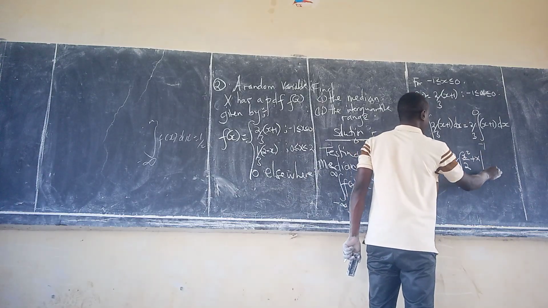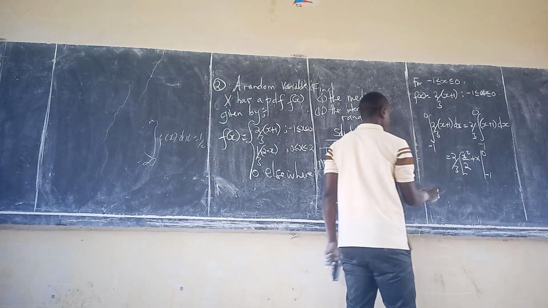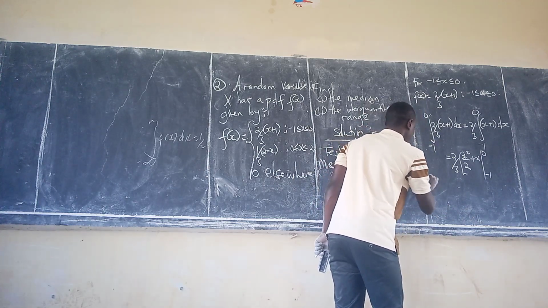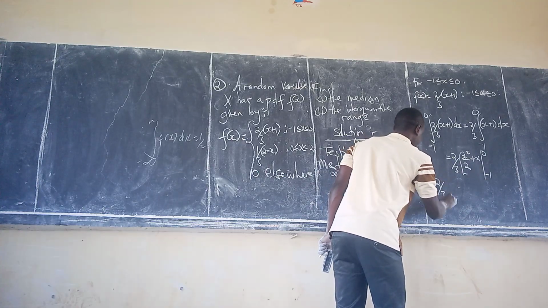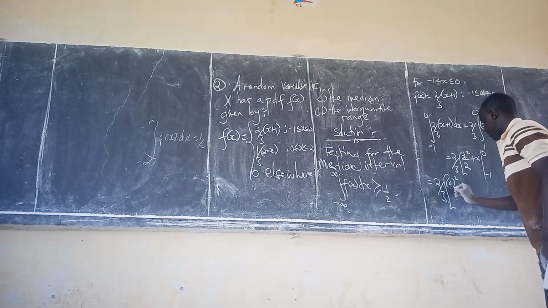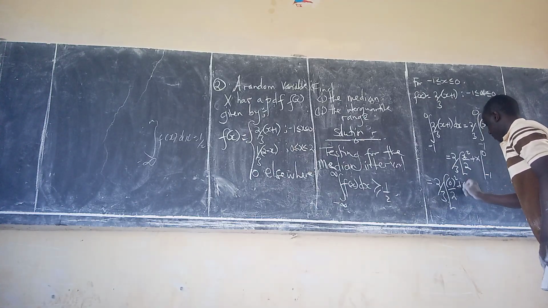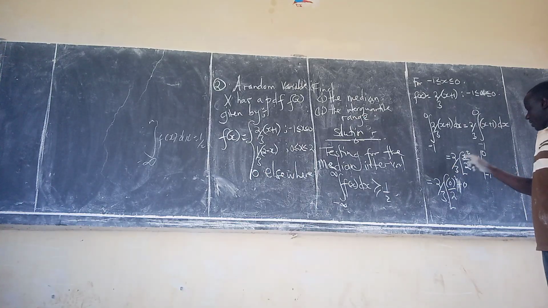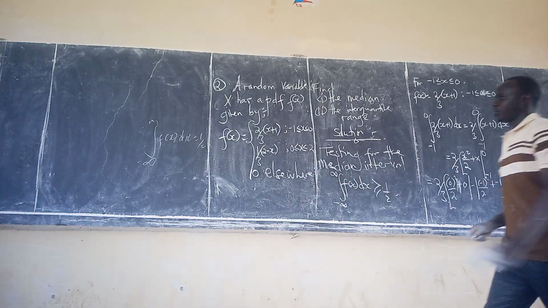But we have integrated from -1 up to 0. Put in the upper limit, we are going to have our 2/3 into 0 squared over 2 plus 0. So I have substituted in 0 everywhere in this function. Now put in the lower limit, it is going to be negative 1 squared over 2 plus negative 1, and then you close.